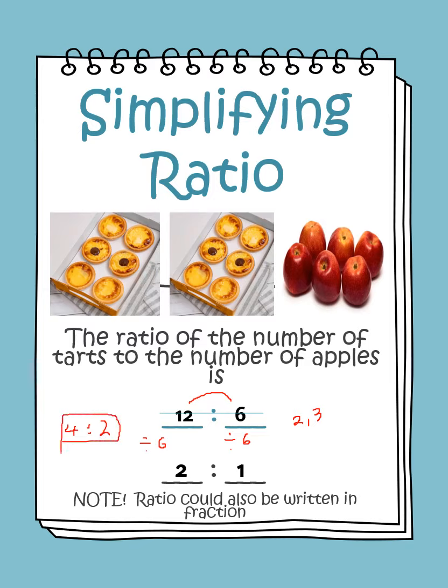So that's why I told you to find the highest number possible, which can be divided by both. Now please note that ratio could also be written in fraction. So for example, 12 to 6 could be written as 12 over 6.